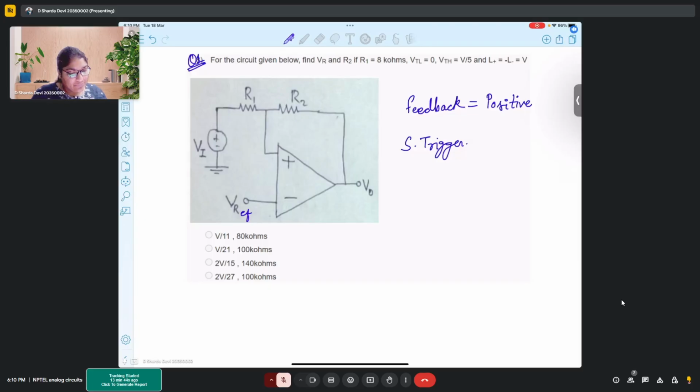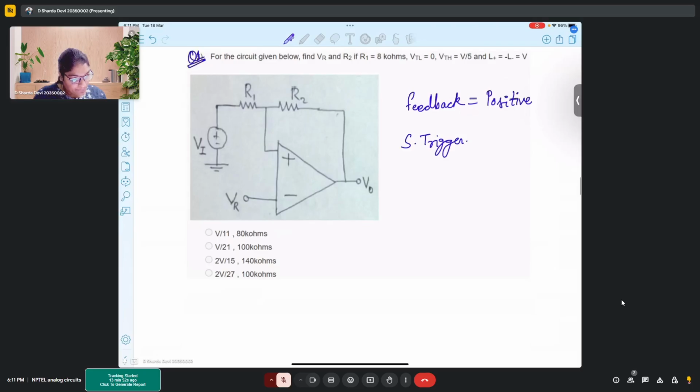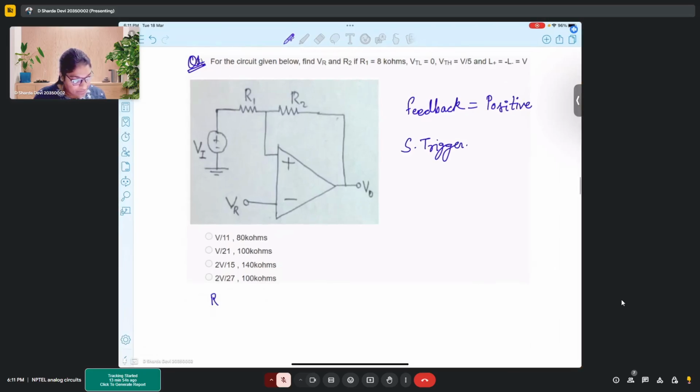The question is, for the circuit given below, find VR and R2 when R1 is 8 kilo ohms.